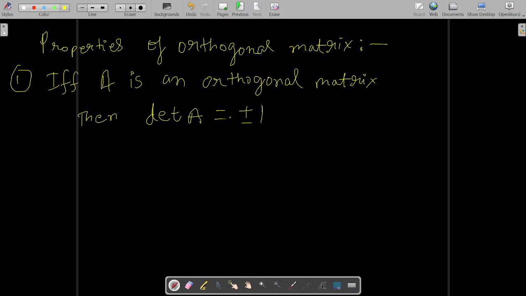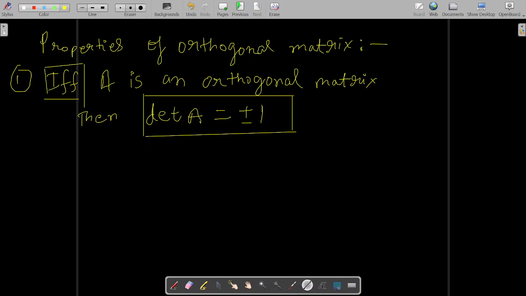So I will write plus minus 1. The determinant of A will be equal to plus or minus 1 if and only if the matrix A is an orthogonal matrix. Only then the determinant value will be either plus 1 or minus 1.